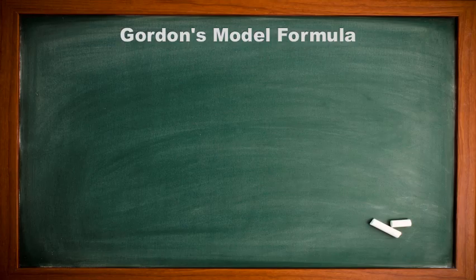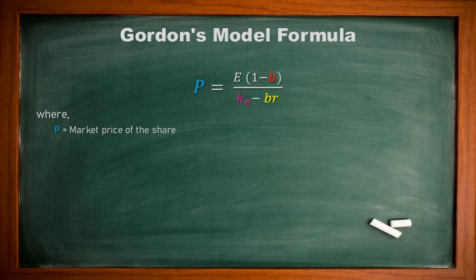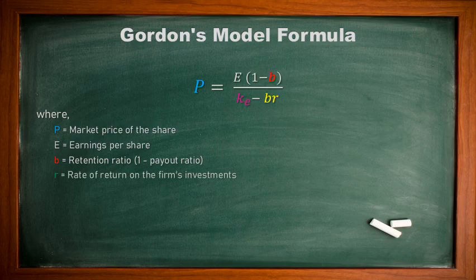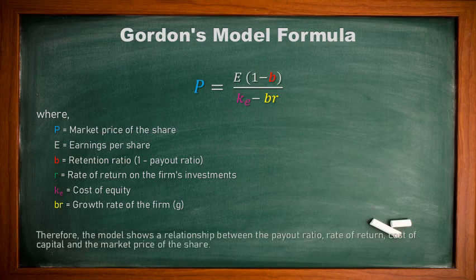Gordon model formula: P is equal to E(1 minus B) divided by KE minus BR, where P is equal to market price of the share, E is equal to earning per share, B is the retention ratio, or we can say 1 minus payout ratio, R is the rate of return on the firm's investment, KE is the cost of capital, and BR is the growth rate of the firm, which we are going to show through G as well.